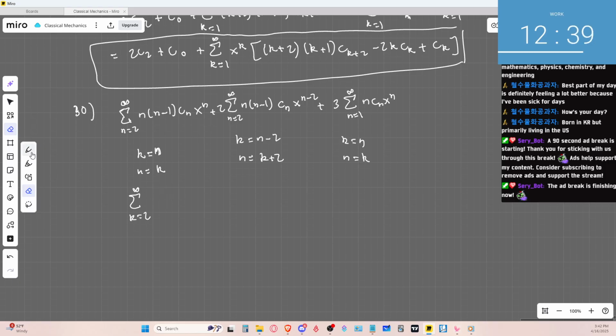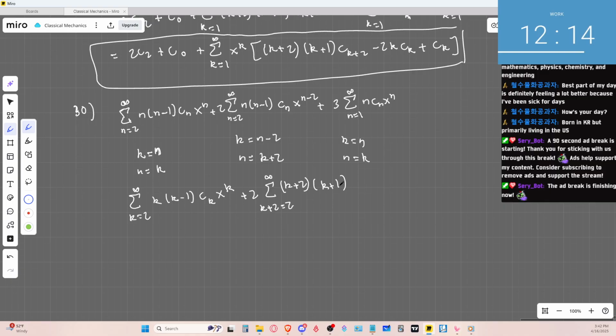K in this case. So K, then K minus 1, then K, and then K plus, this one is going to be K plus 2, thus K plus 2, and then K plus 1, and K plus 2 here.